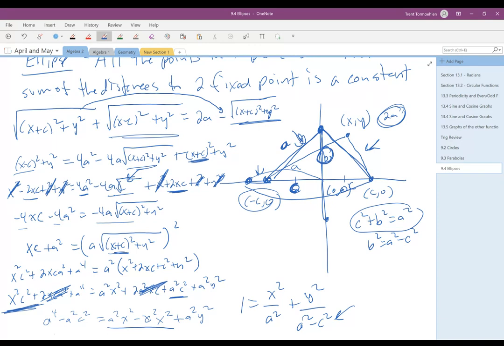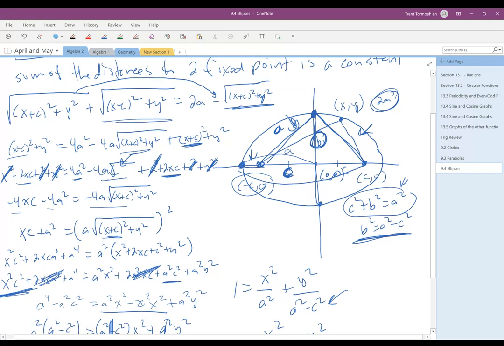So when we draw an ellipse, it's going to look like this. And there's going to always be a point on the x-axis and on the y-axis, and the distance from the center to the x-axis is going to be a, and the distance from the center to the y-axis is going to be b, noting that one of them has to be bigger than the other, and that determines whether your point is on the x-axis or the y-axis, which we'll get into later.